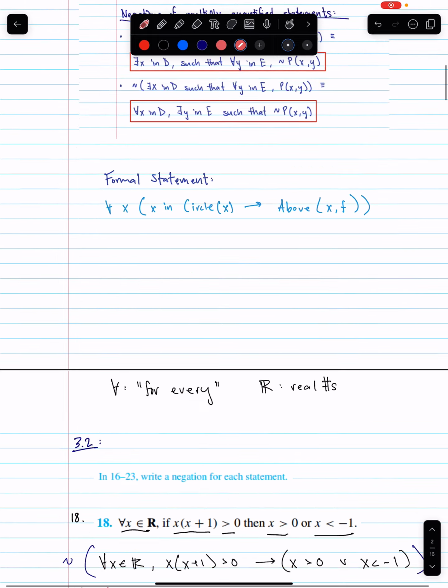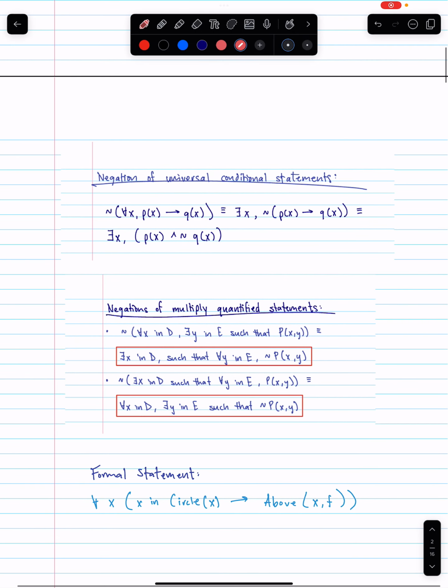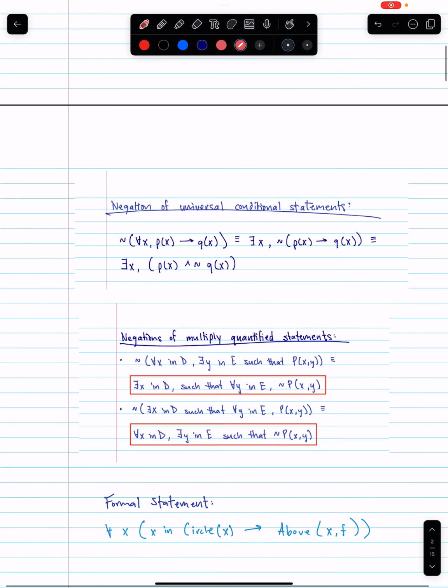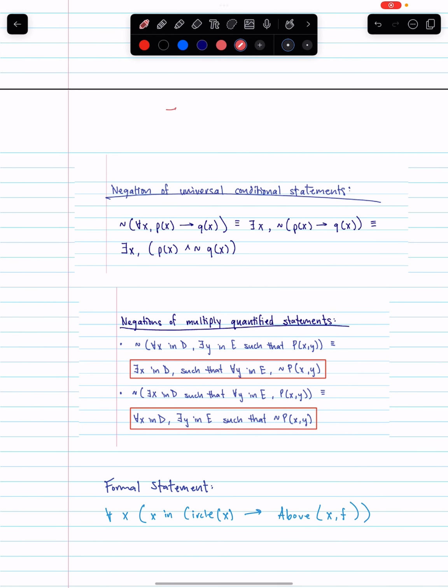If you recall, these are the negations of conditional statements. It turns from for every to this backwards E, which means at least one.